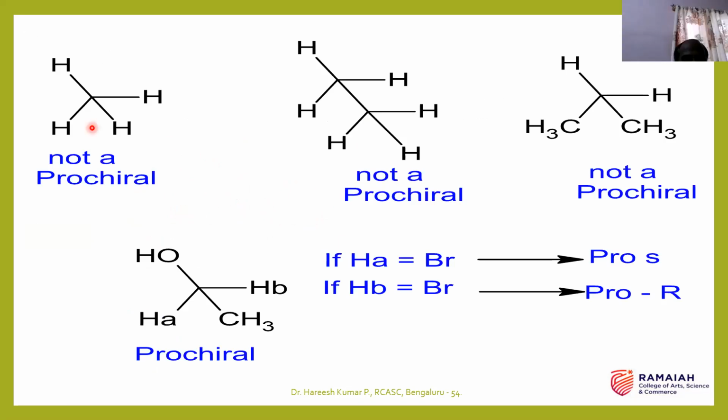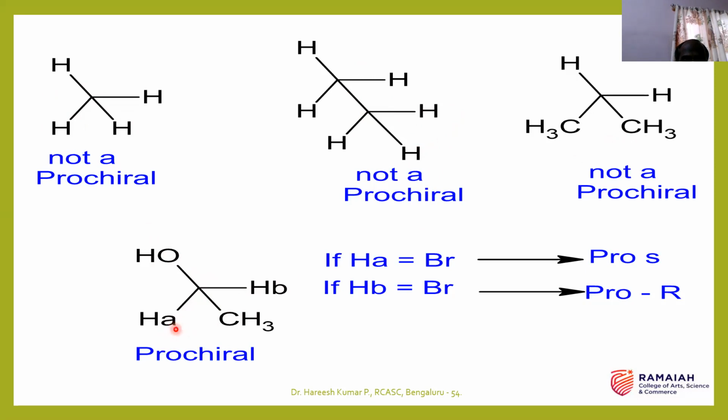So here you can observe that four hydrogens are there. This molecule is not a prochiral one. Similarly, here the ethene molecule also is not a prochiral molecule. Of course, this also is not a prochiral molecule. But here you can observe that two different groups are there, and here I marked them as HA and HB.